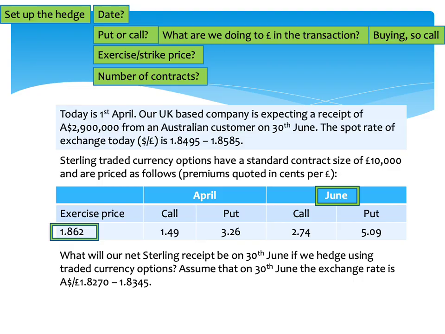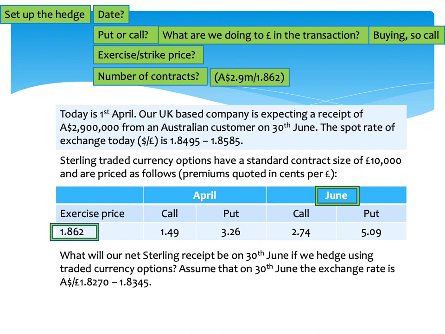The rate that you use for that is the strike price or the exercise price that you've selected. So take your 2.9 million Australian dollars, divide by 1.862, the strike price that we selected before, and that will give you the value of your transaction that you're trying to hedge in sterling.